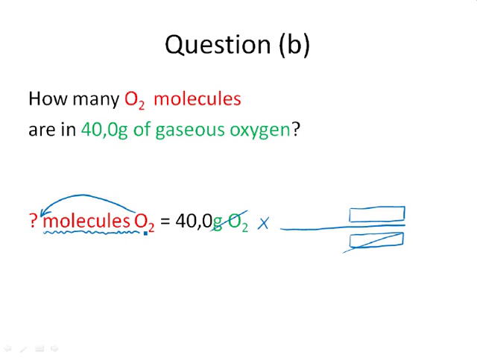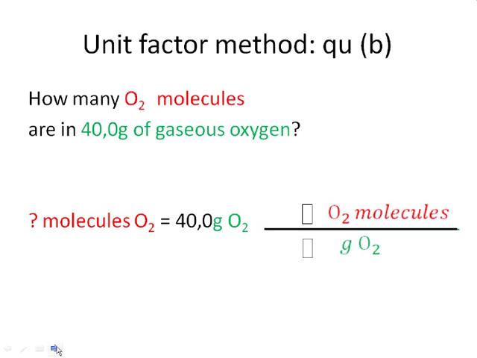Pause this video until you've done this yourself. Now you need to ask yourself, what number of oxygen molecules is equivalent to what mass of oxygen? Pause until you've answered this.